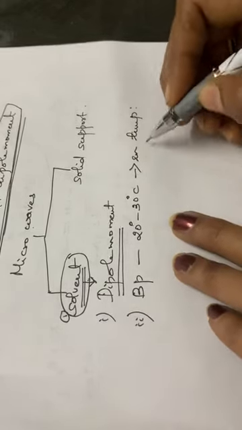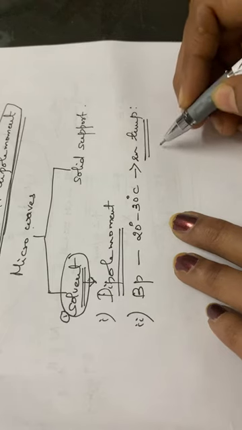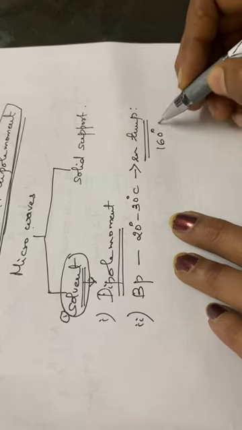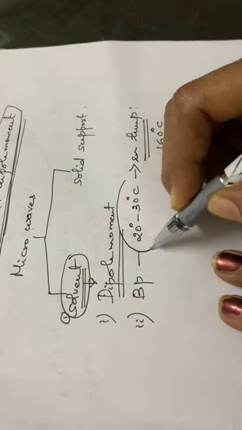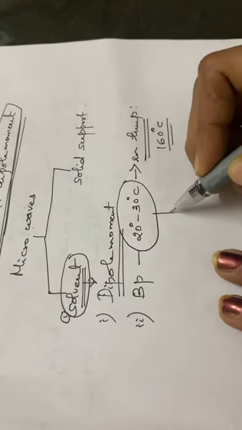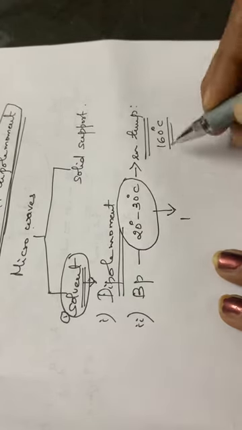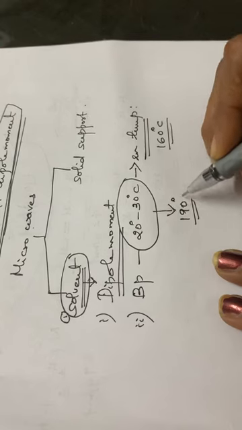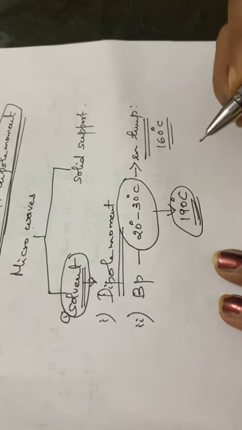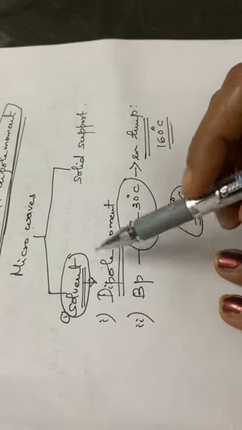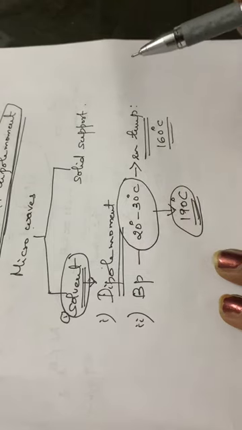Suppose the reaction is carried out at a temperature of 160 degrees Celsius, then the boiling point of the solvent should be above 180 or 190 itself. So that is another characteristic feature of a solvent to be used while we are using microwave radiation.